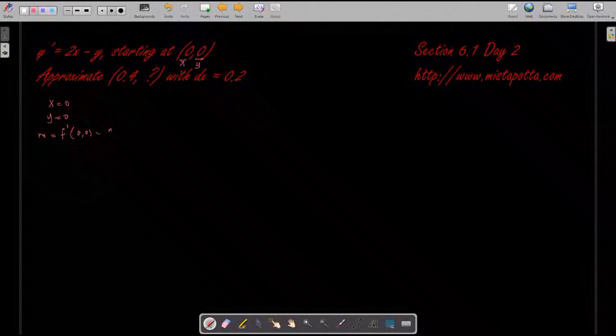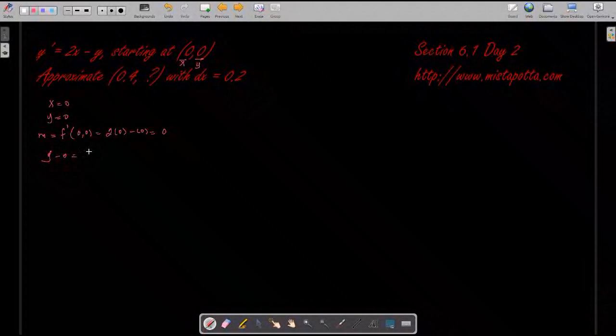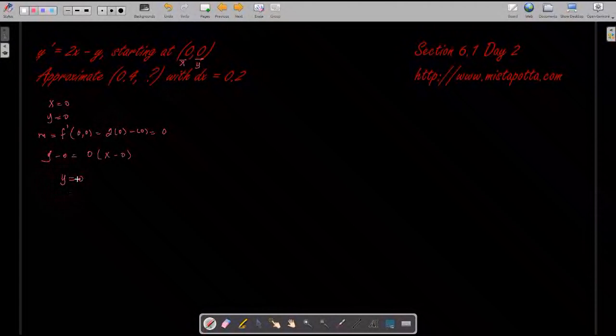So it's going to be 2 times x minus y. Well, amazingly enough, my slope is 0. And so my tangent line is y minus 0 equals 0 times x minus 0, or basically y equals 0. I have a horizontal tangent line at this particular point.